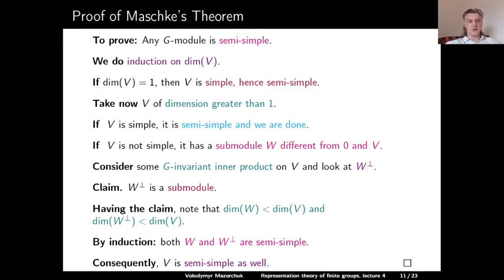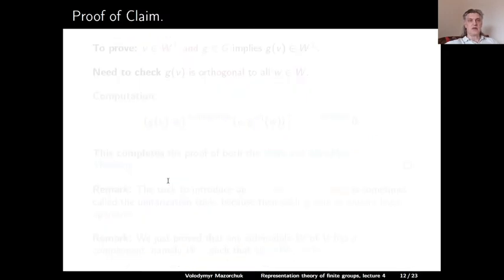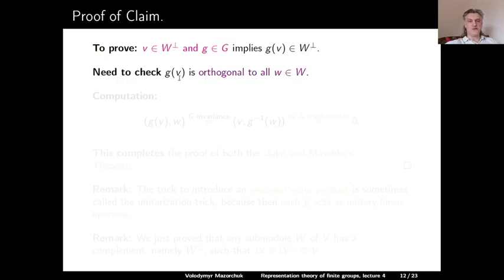So what is left to prove is the claim that the orthogonal complement to a submodule is a submodule. We want to prove that given any element v in the orthogonal complement to W and any g in G, gv belongs to the orthogonal complement. In other words, we want gv to be orthogonal to any element w in W. To check this, let us compute the scalar product between gv and w.